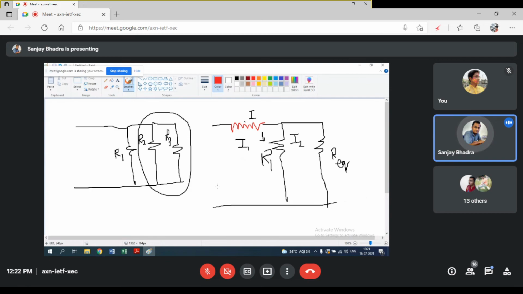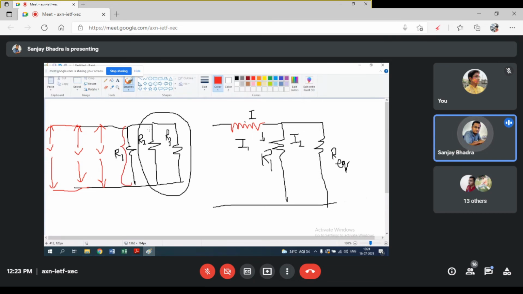Whatever drop you have across this terminal, you will have the same. Let's extend this wire, it will be easy for you to understand. These are wires, which we use in the lab. Let's say this is my V. Whatever drop you have across these two terminals, you have the same drop over here because there is no change. The same drop across here also.